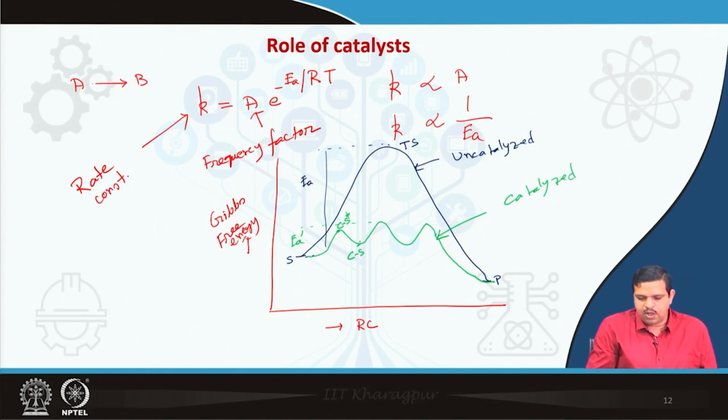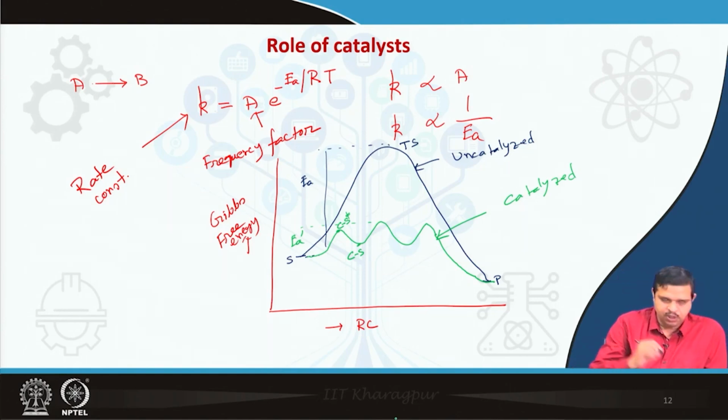You know that the lifetime of the transition state is very low. So, it is not possible to isolate, but for the intermediate complexes in many cases it is isolable. Okay. So, sometimes it is a good proof that yes, the mechanism is going this way. So, sometimes we routinely isolate the intermediate and prove the mechanism.